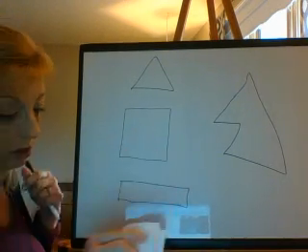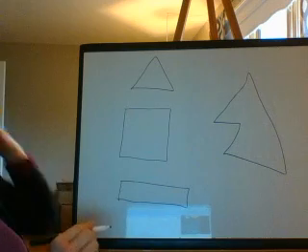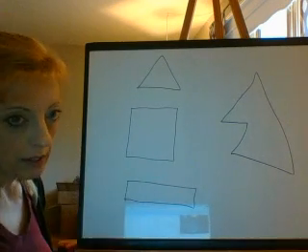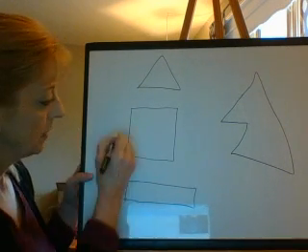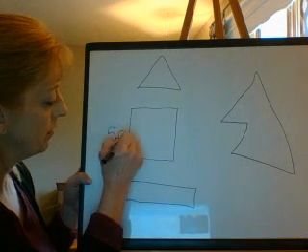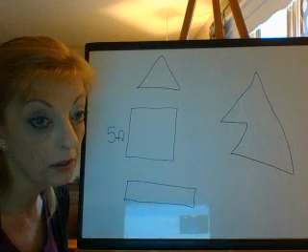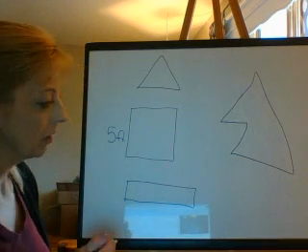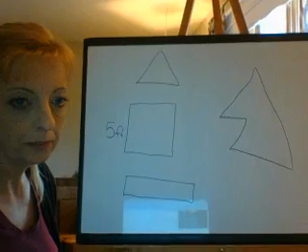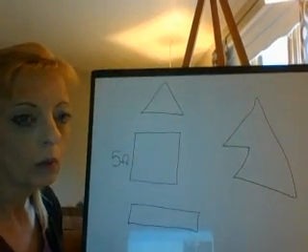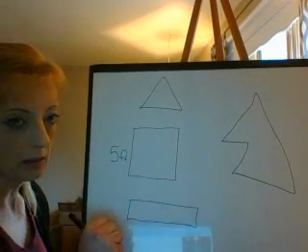Now when we're talking about a square, you know square means that every side is the same measurement. So if I say this side is 5 feet, that means the other three sides are also 5 feet. Okay? If we're doing perimeter, then that means we're adding up all the sides.